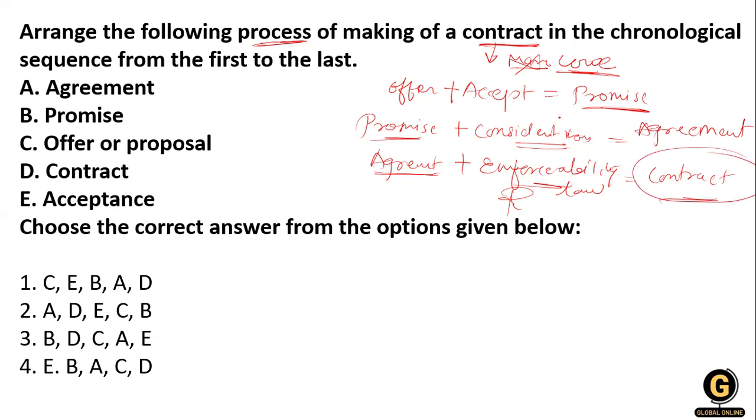So you can remember it this way: offer plus proposal, then acceptance. After that acceptance, this is first, this is second, then it becomes a promise. A promise having a consideration is an agreement, and after the agreement is enforceable by law, then it is a contract. So option number A, CEBAD.